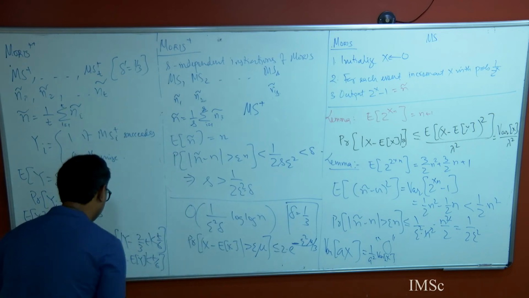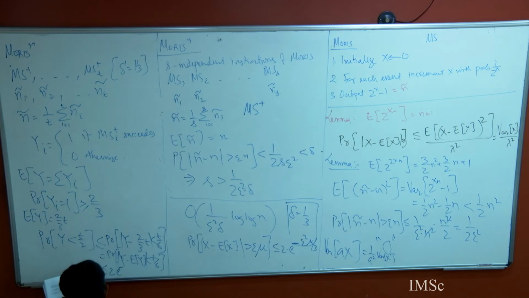Okay. So what will be in our setting? It is 2 times e minus epsilon square mu by 3. So what is our epsilon here?